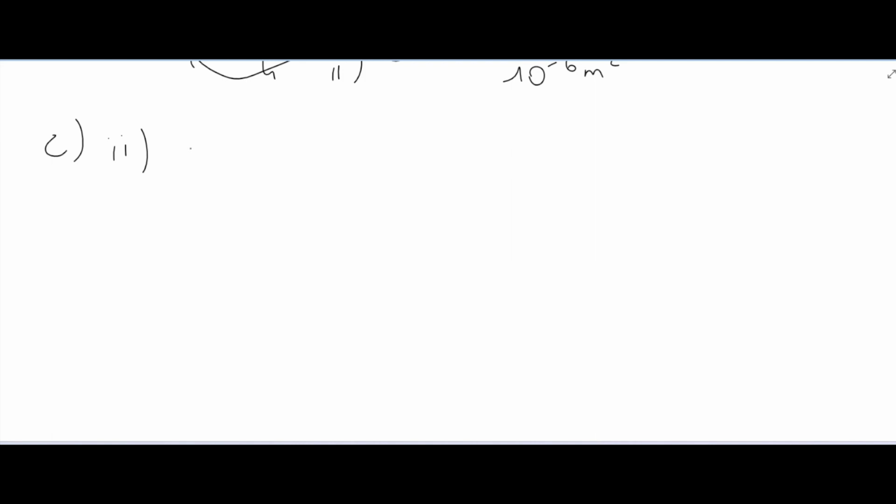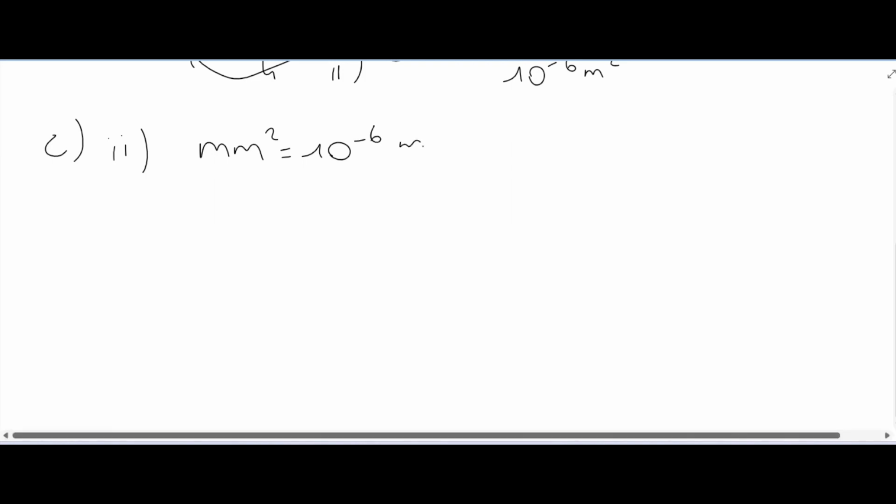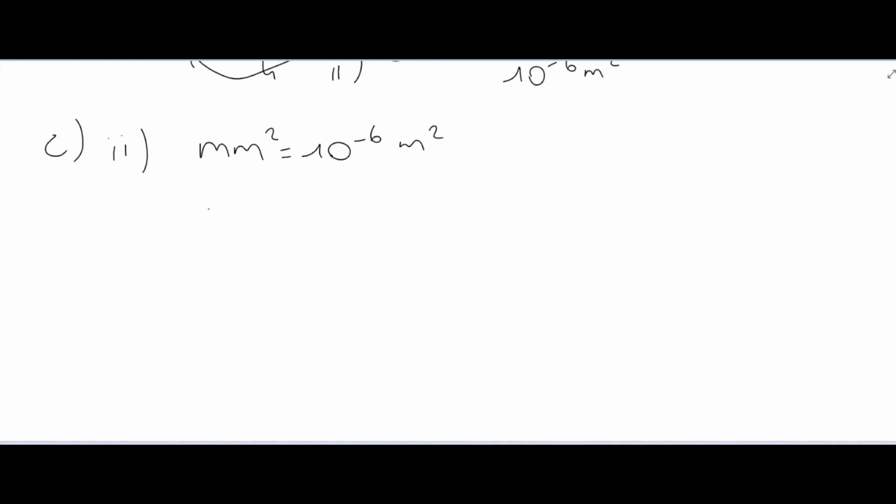So we know that a millimeter squared is 10 power minus 6 meters squared. And we also know that a newton is 10 power minus 3 kilonewton. So these are both conversions we're going to have to do.